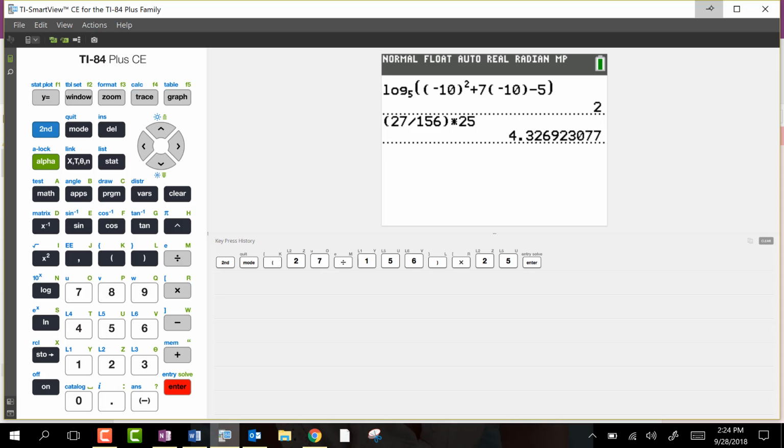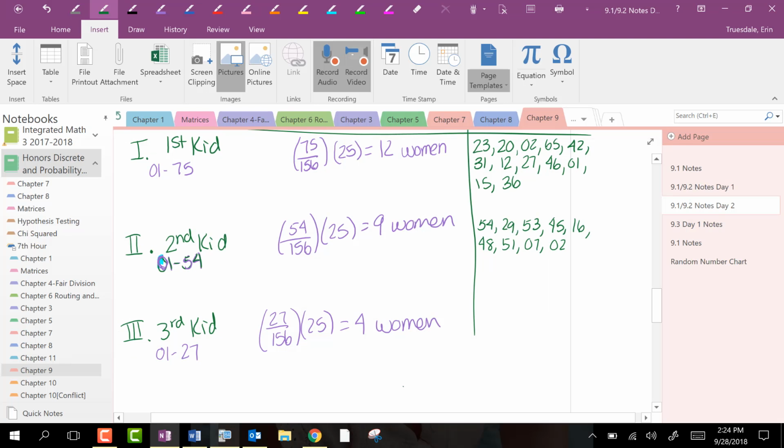You do get like 4.3 something, that's 4, because we're talking about people. Just have to remember where you left off. We just keep going down the same. So it's 14. Don't go back up to the top. Start where you left off.